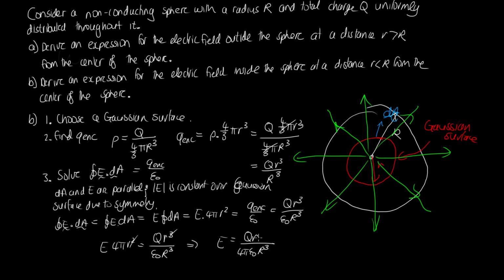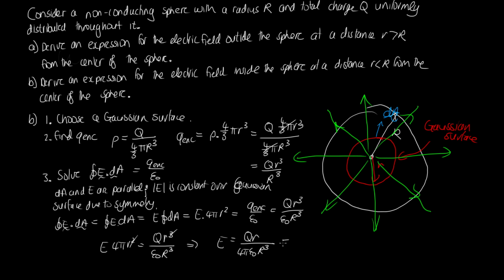We'd also expect it to become the same as case A when little r equals big R, right at the edge of the sphere, because the world is nice and we'd expect a continuous charge distribution. So if we put in big R here, then we do end up with Q over 4 pi epsilon naught R squared, which is the same as the expression we got for part A.